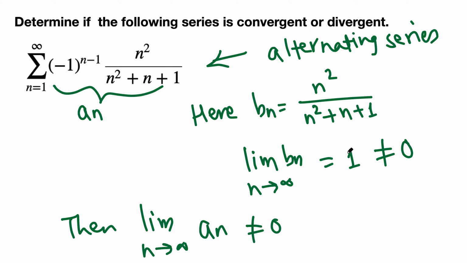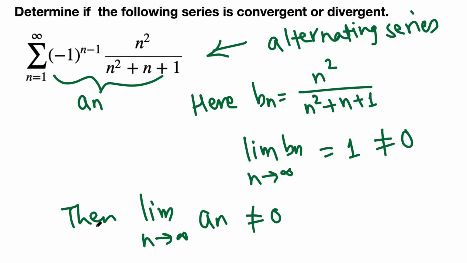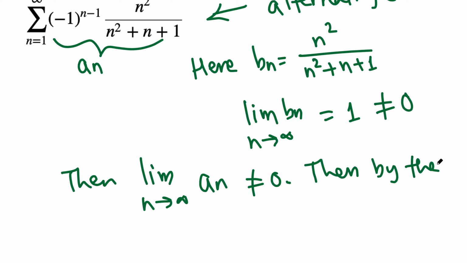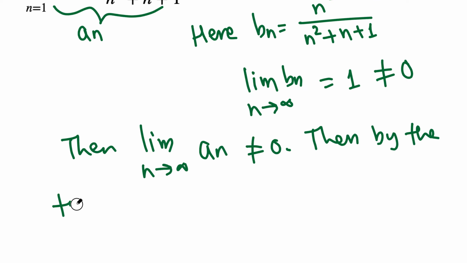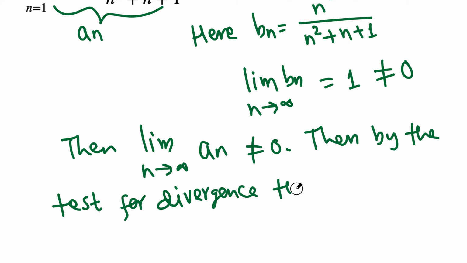But since the series is an alternating series, we need to always check that part. Then the limit of this one is not equal to 0. Then by the test for divergence, the given series diverges.